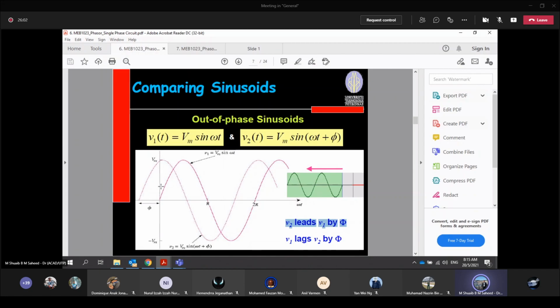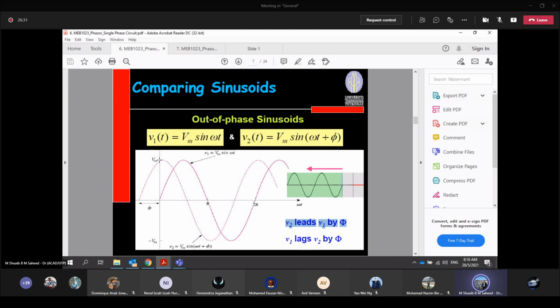By the look of it from here, this phi could be 90 degrees, because only at 90 degrees will you have this type of condition, when one wave is zero and the other wave is at the maximum. So usually that phase difference will be 90 degrees. But don't worry, usually those values will be given.